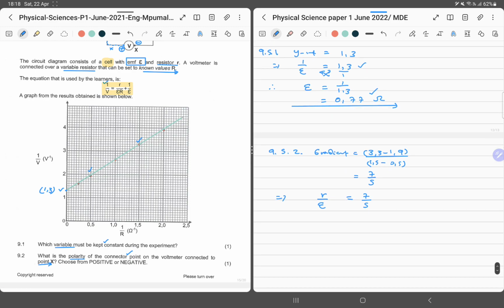All right, now we know that this EMF has been calculated, which also implies that R over 0.77 is equal to 7 over 5. And then you do your mathematical gymnastics. We know that R is basically 7 over 5 times 0.77, literally.